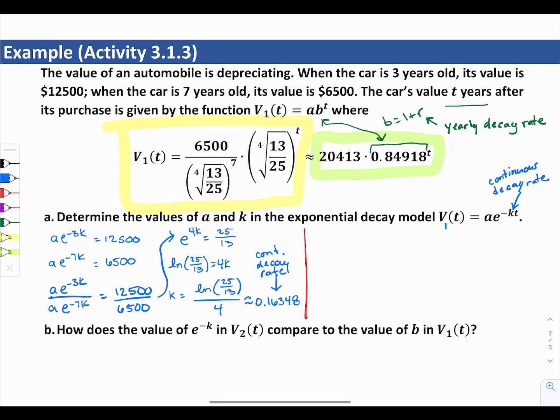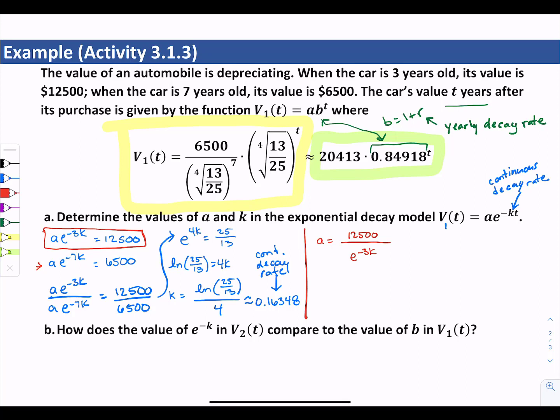And now we're going to find our a value. And so I'm going to use the first equation. Could have used the second as well, but I'm going to choose the first. So if I want to solve for a, I'm going to divide both sides by e to the negative 3k.